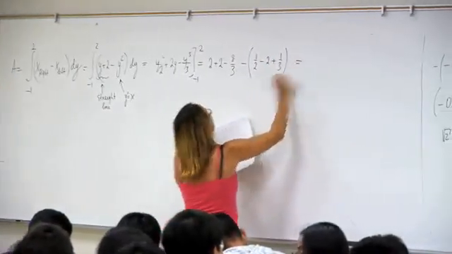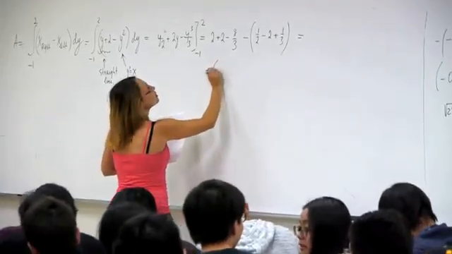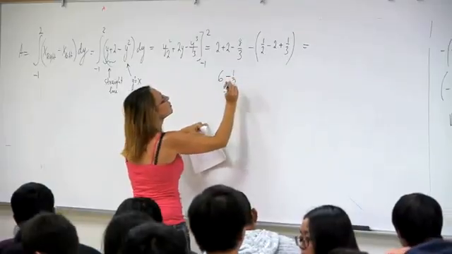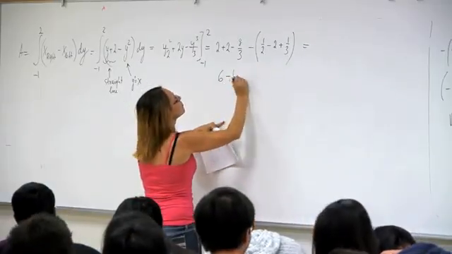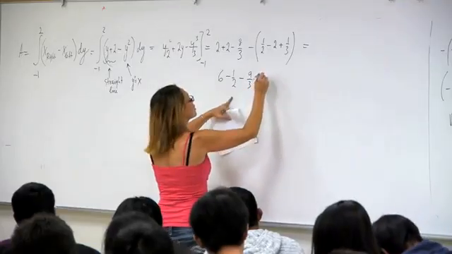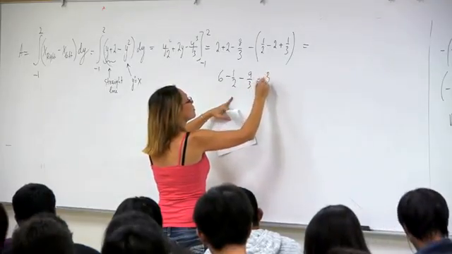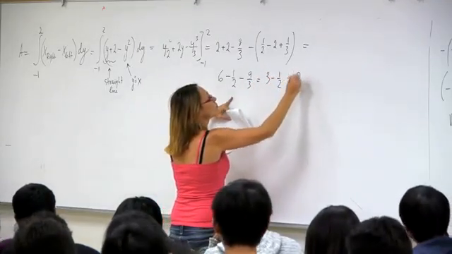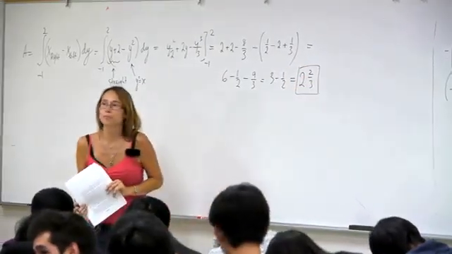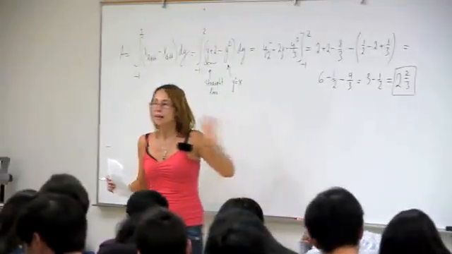Okay. 6 minus 1/2. Okay, so this is the area. I did this quickly, you can check it at home.